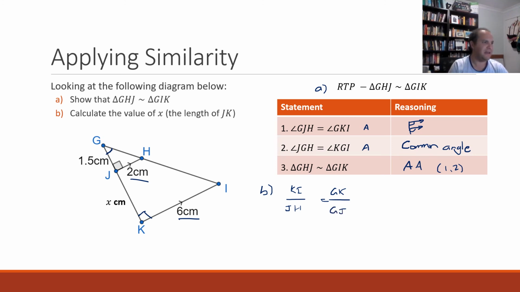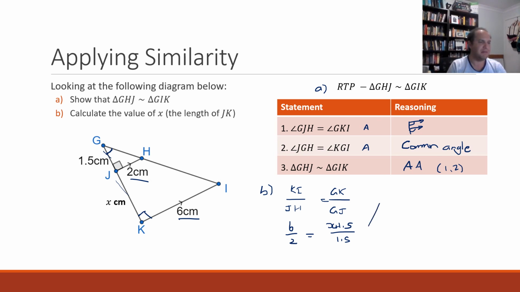Now KI is 6 centimeters, JH is 2 centimeters, GK, now this one's a little bit tricky. GK is x plus 1.5, and then 1.5 on the bottom there. So GK is 1.5, this start bit, plus the x value, whereas GJ is just 1.5.